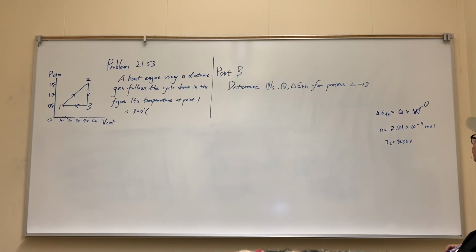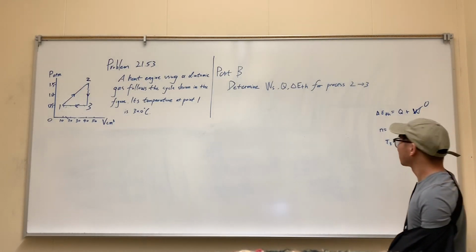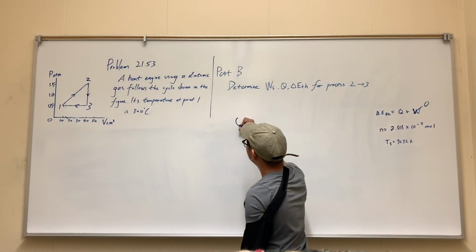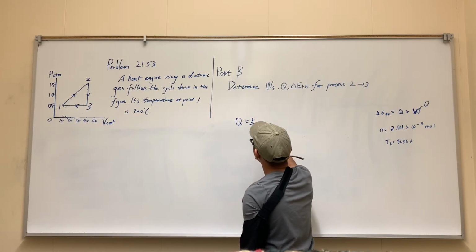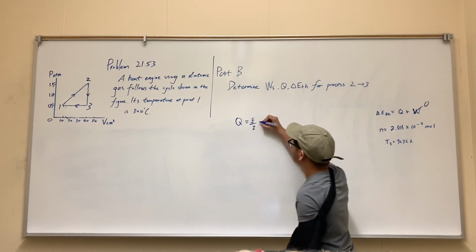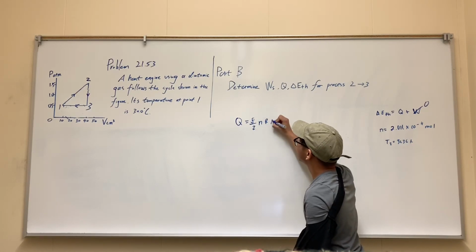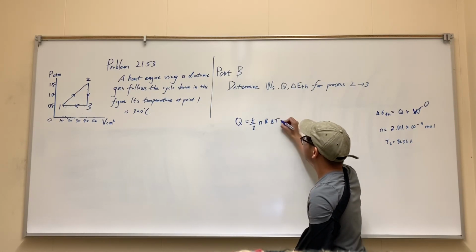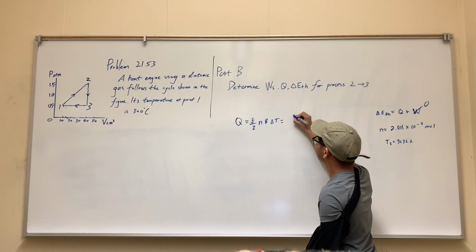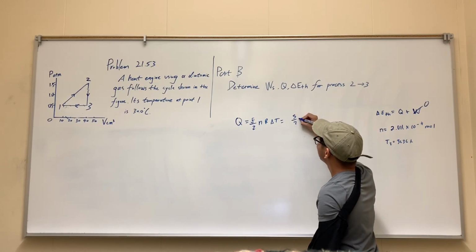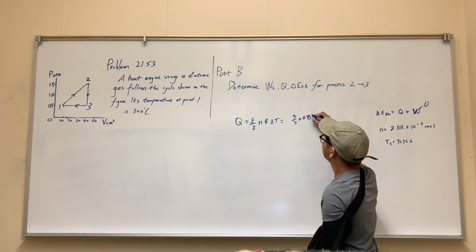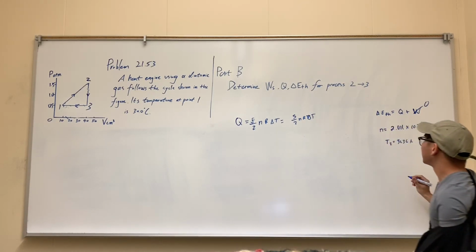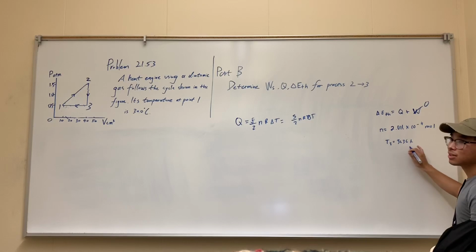And now what we need to do is solve for Q. Then Q equals f over 2 n R delta T. And since we know it's diatomic, it's 5/2 n R delta T. And our T2 from earlier was 3636 Kelvin.